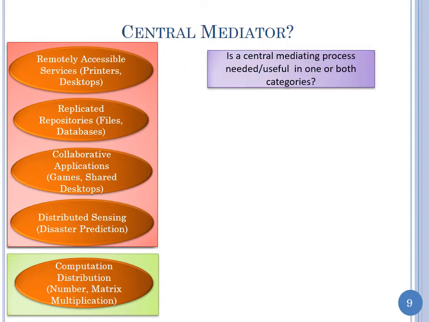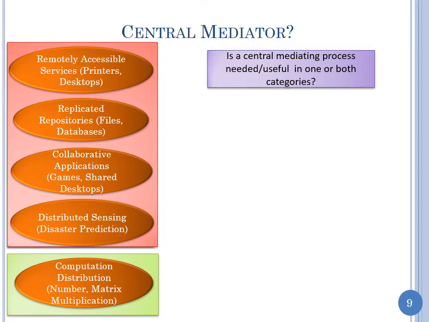Okay, so one way we can reduce the algorithmic challenge, and my research is in collaborative applications, and this is truly important there, is to have a central mediating process.